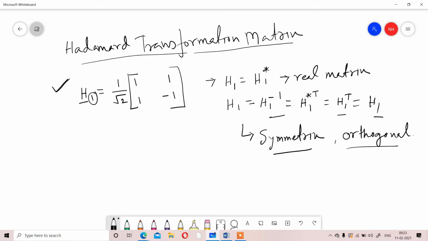So the Hadamard transformation matrix is a real matrix, it is symmetric, and it is also orthogonal.